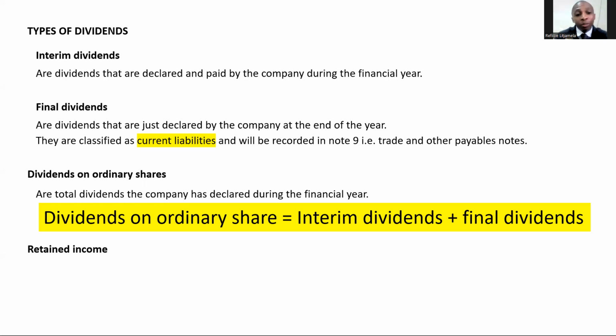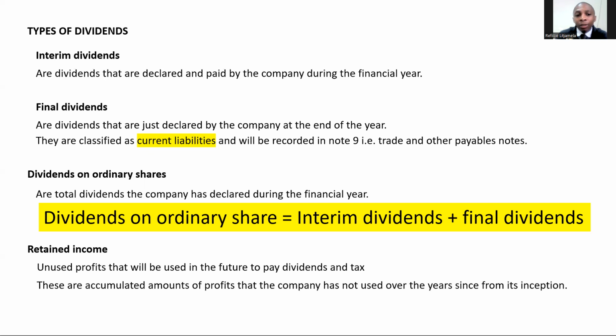Okay, but a company with a higher retained income could be seen as a company that is doing very, very well. Obviously, it's making profits. Unused profits, simply that's what it is. Retained income is just unused profits that will be used in the future to pay dividends and tax. These are accumulated amounts of profits that the company has not used over the years since its inception.